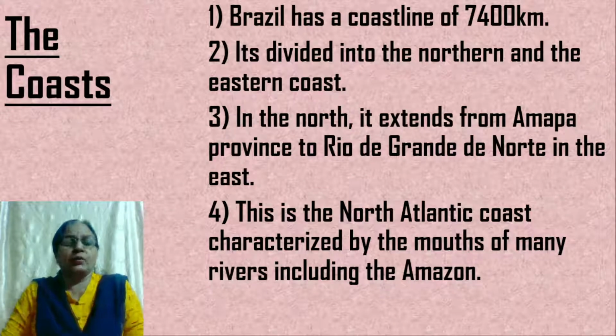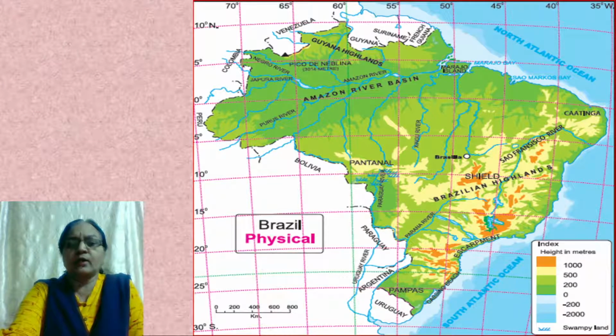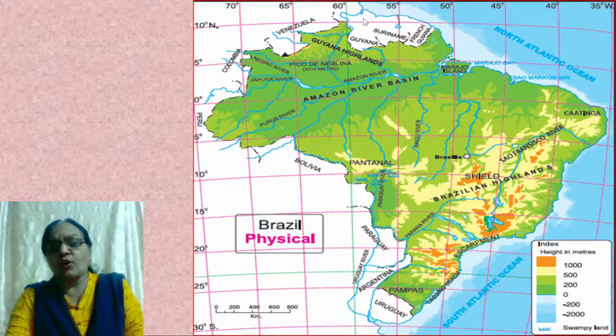Okay, now let's come to the coast. Now look at the coastal region of Brazil. We have an extensive coastline in Brazil. As in India we have 7,500 kilometers, but here in Brazil the coastline is about 7,400 kilometers.